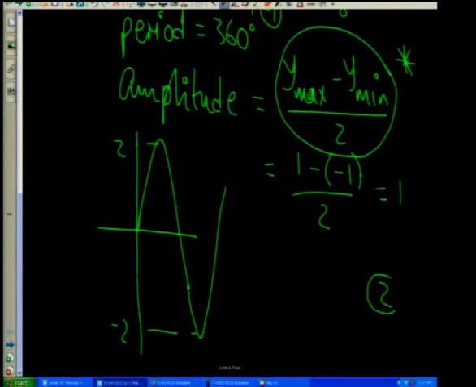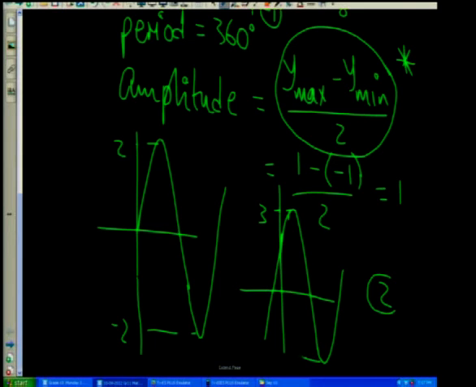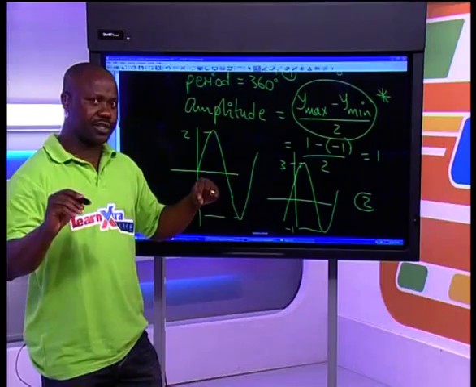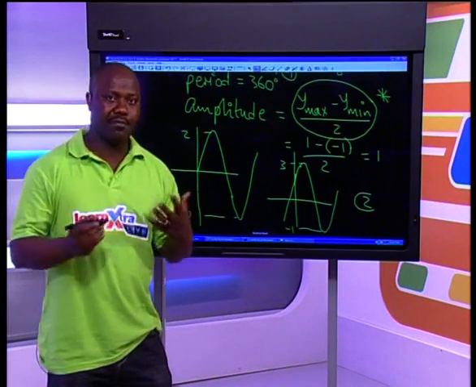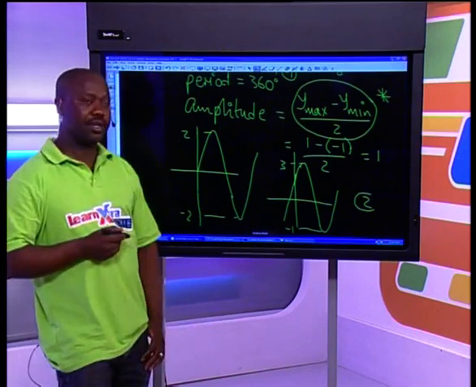But then, if you have this graph translated somewhere there, and now this is 3 units there, and this is minus 1, you have to basically see that this is not symmetrical about the x-axis, and therefore this becomes a handy formula to work out the amplitude.